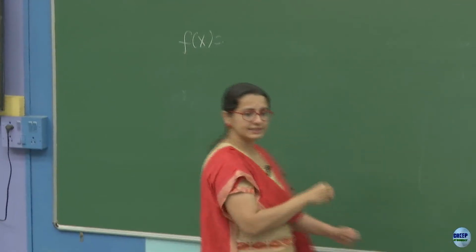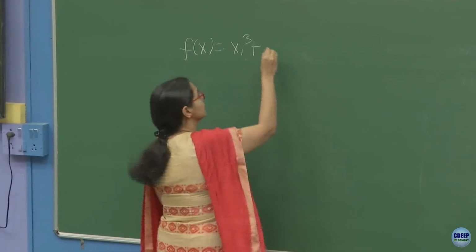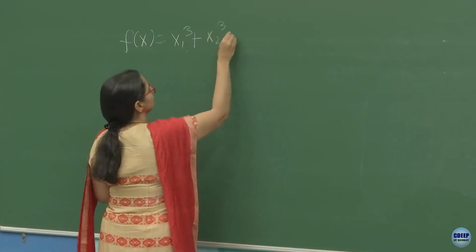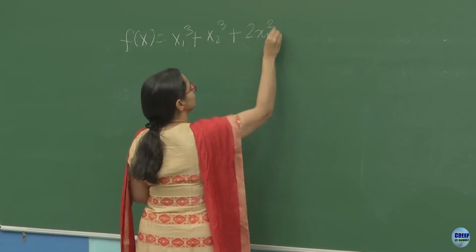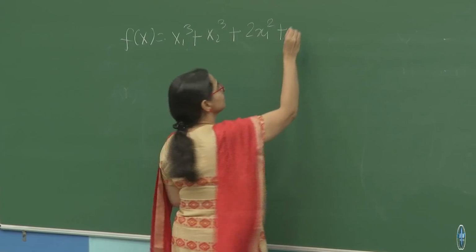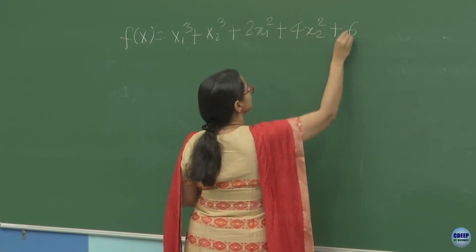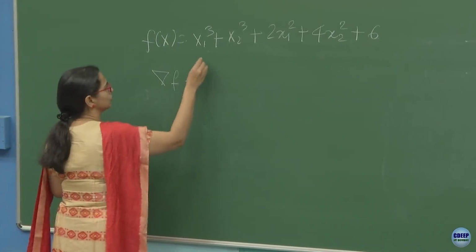So f of x is x1 cube plus x2 cube plus x1 square plus 4x2 square plus 6. So when you do gradient of f, what do you get?